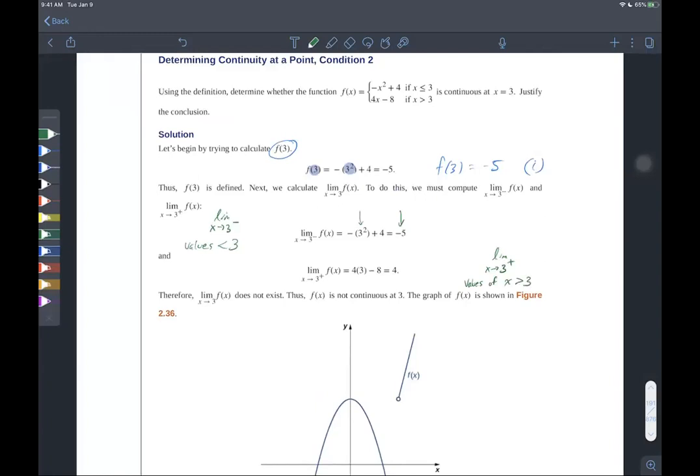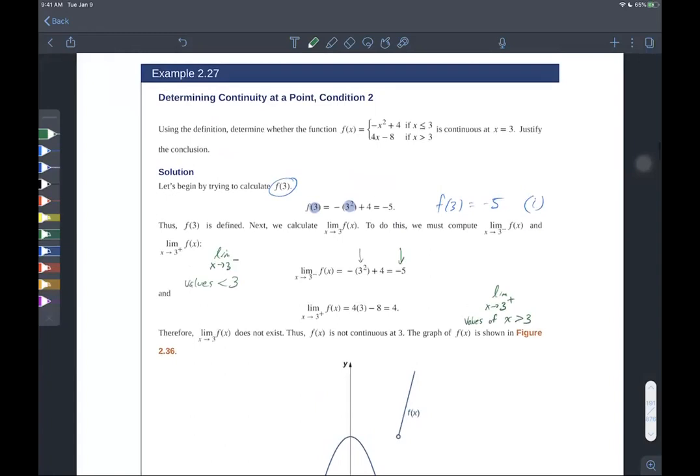And so for values of x greater than 3, we are looking at the other piece of this piecewise function. We can use direct substitution here, plug in our 3, and we see that we get an output value of 4.